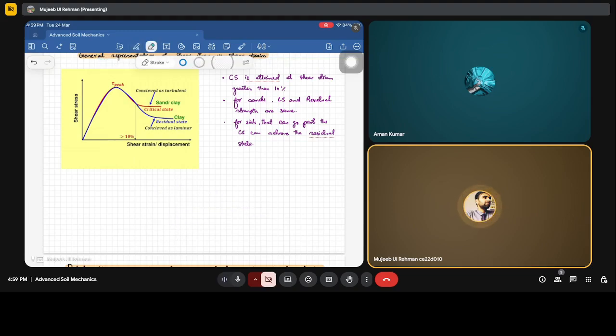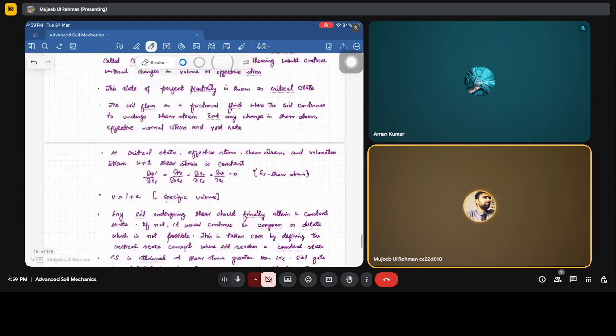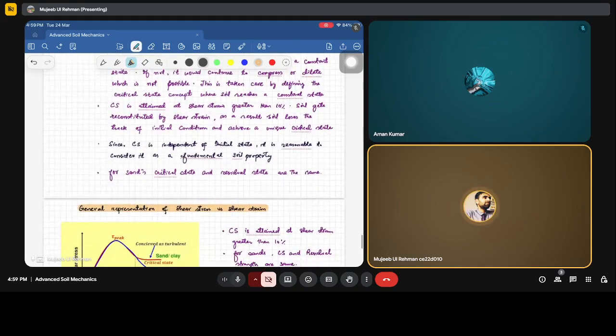After this discussion over the critical state, this equation you can refer to, or you can remember this for your interview purposes. Specific volume is one other way of representing the void ratio or volumetric strain.